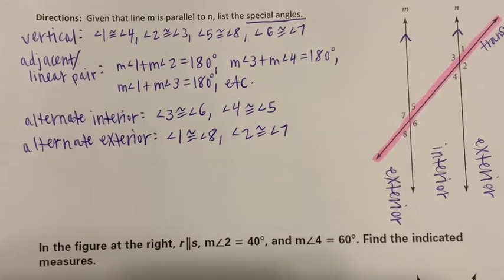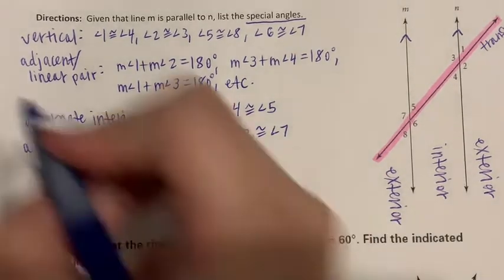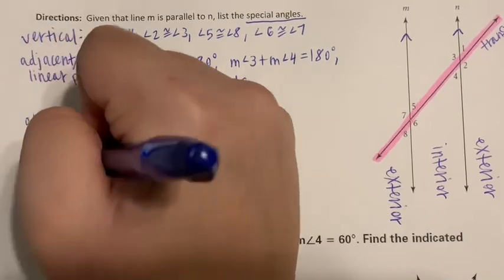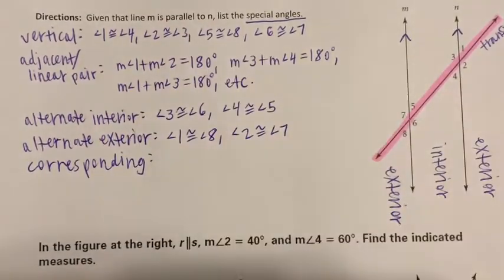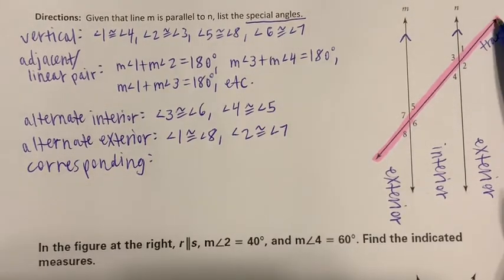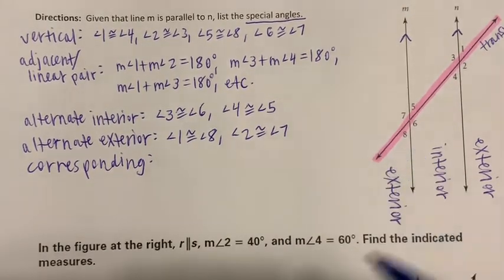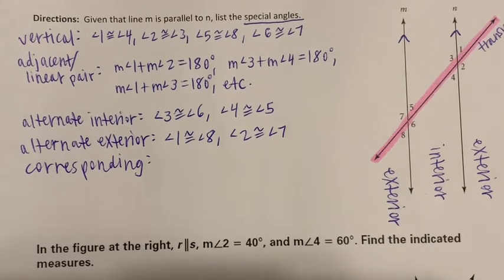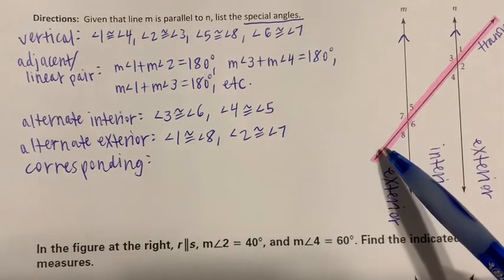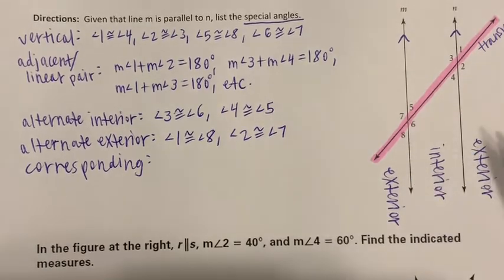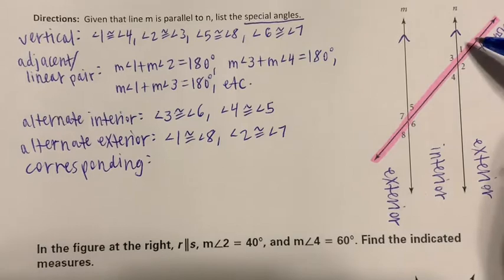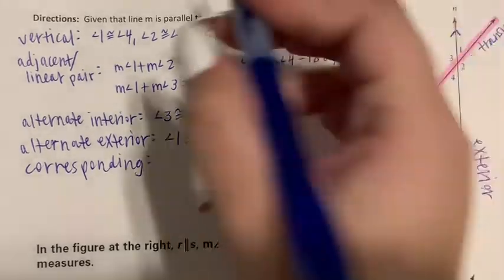We have corresponding angles. And corresponding angles are on the same side of my pink transversal, and they're in a similar place in relation to each other. So same side of my pink transversal, and one would be interior region, one would be exterior region. So an example of this would be like angle 1 and angle 5.